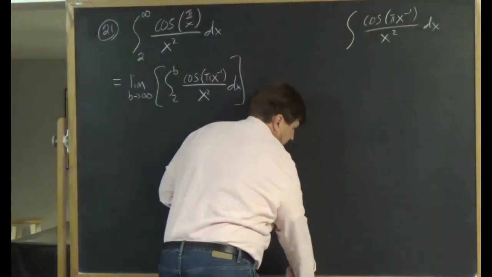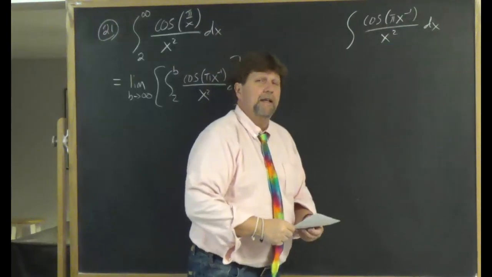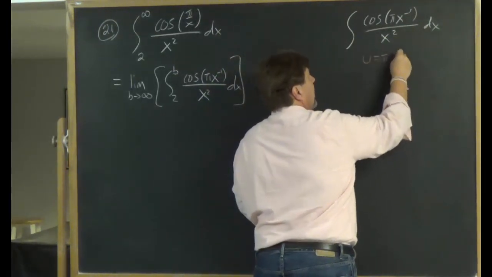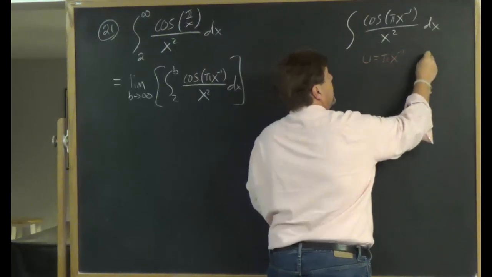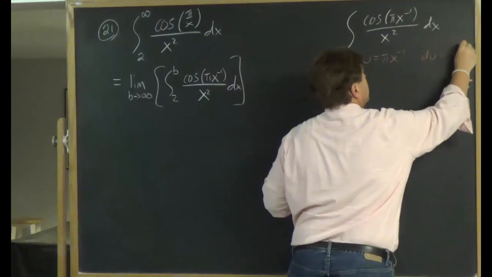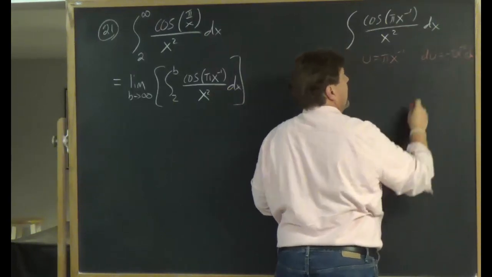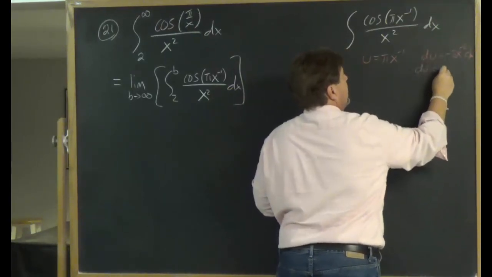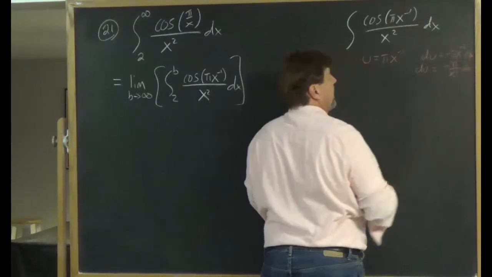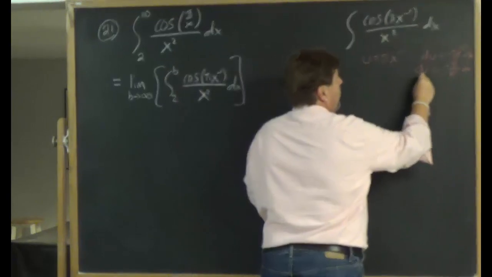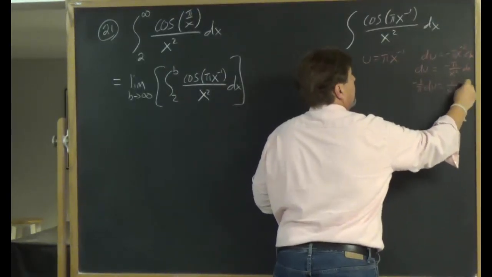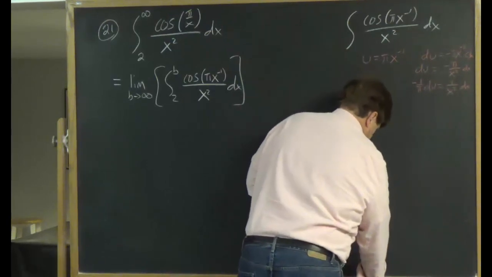Hopefully you realize this is a basic u substitution. u is pi x to the negative first, du is negative pi x to the negative second dx, or du is negative pi over x squared dx, or negative 1 over pi du is 1 over x squared dx.